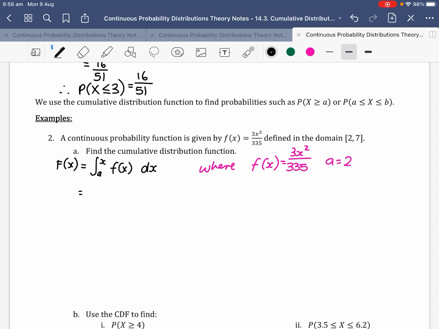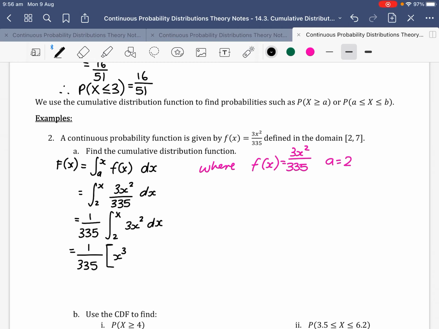So this equals the integral from 2 to x of 3x squared over 335 dx. We take out the common constant of 1 over 335, the integral from 2 to x of 3x squared dx. The integral of 3x squared is x cubed with our limit of 2 to x.